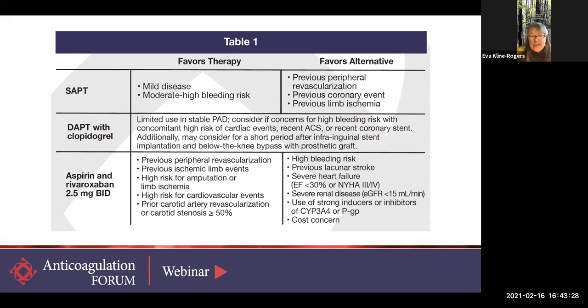You want to stay away from this in very high risk patients, which include high bleeding risk, previous lacunar stroke, severe heart failure, severe renal disease, or use of strong inducers or inhibitors of CYP3A4 or P-gp. Cost concerns should also be factored in.